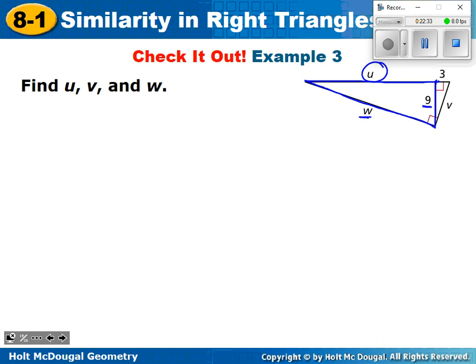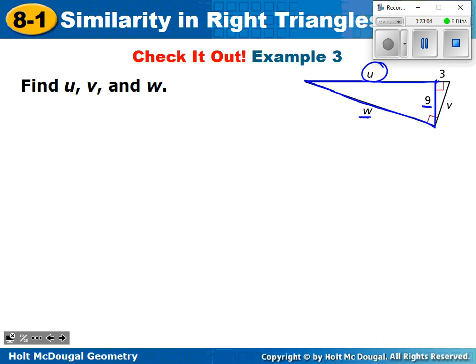If I try to use one of my shortcuts, I could either pick a leg and do leg squared equals part of the hypotenuse times the whole hypotenuse, or I could do altitude squared equals part times part. Which one am I going to have enough information in the picture to solve for U?